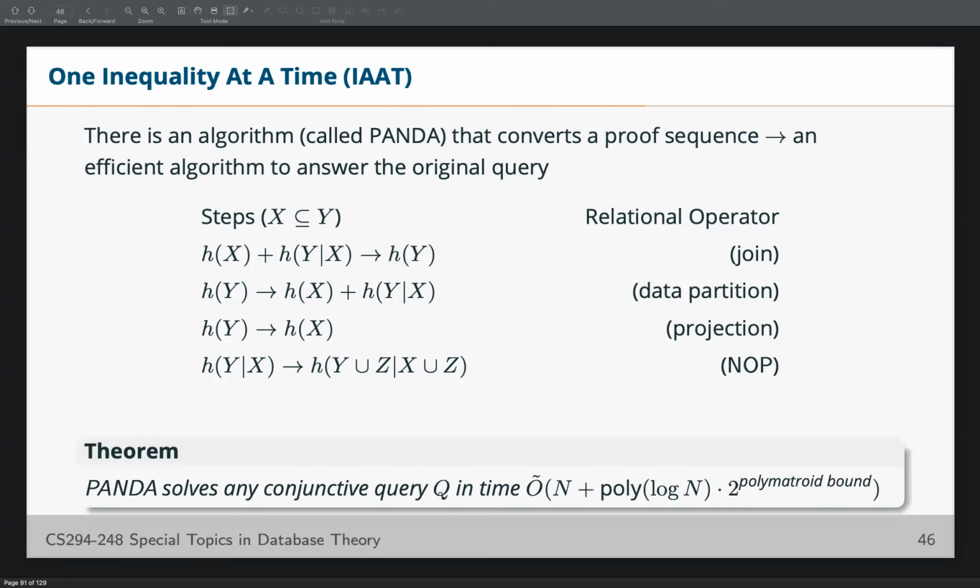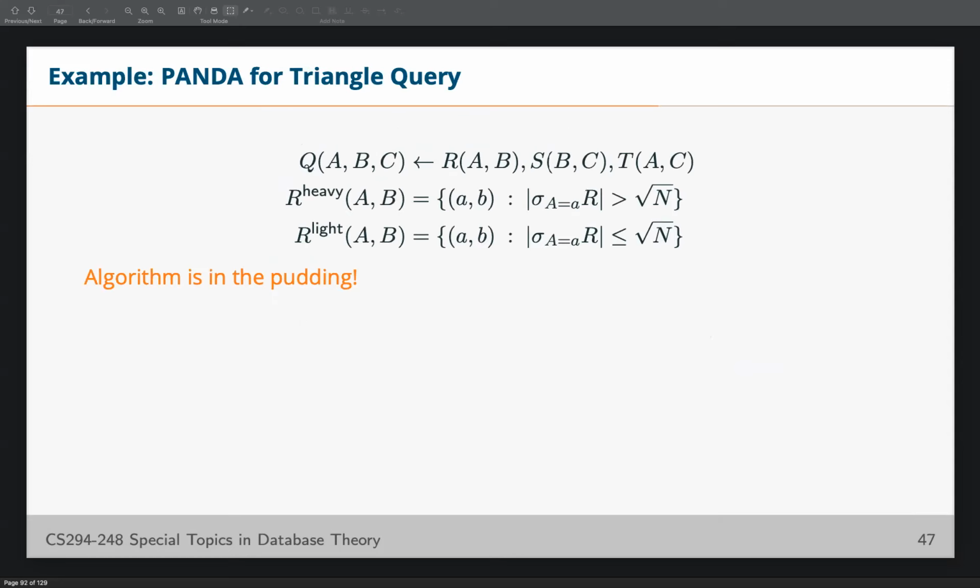All right, so let's not do the formality, just work through the triangle example again. So here it goes. Triangle example. So first, I'm going to define something. This is the partitioning step, but I have to define what my partitions are in advance.